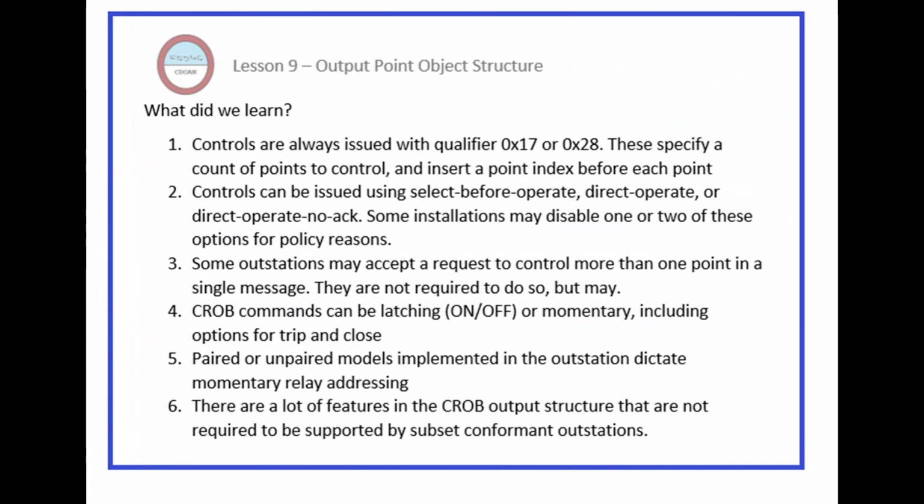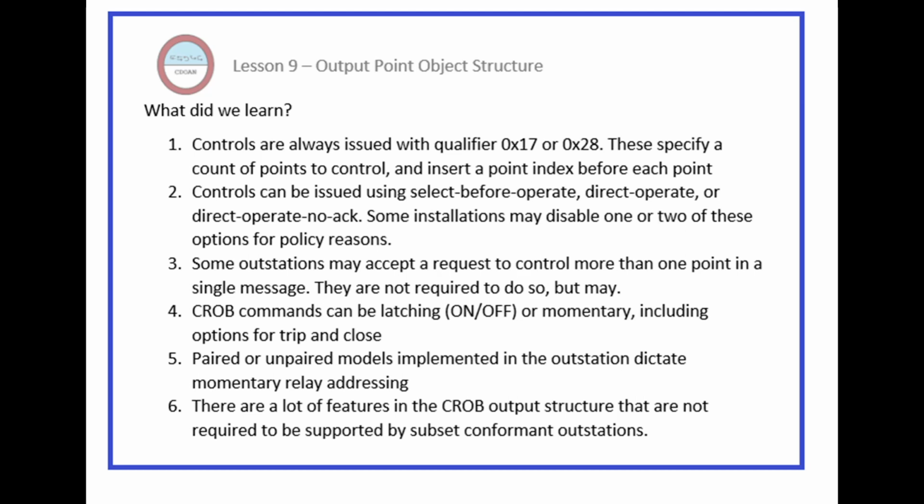Okay, that ends another lesson. What did we learn here? Controls are always issued with qualifier hex 17 or 28. These specify a count of points to control and insert a point index before each control.